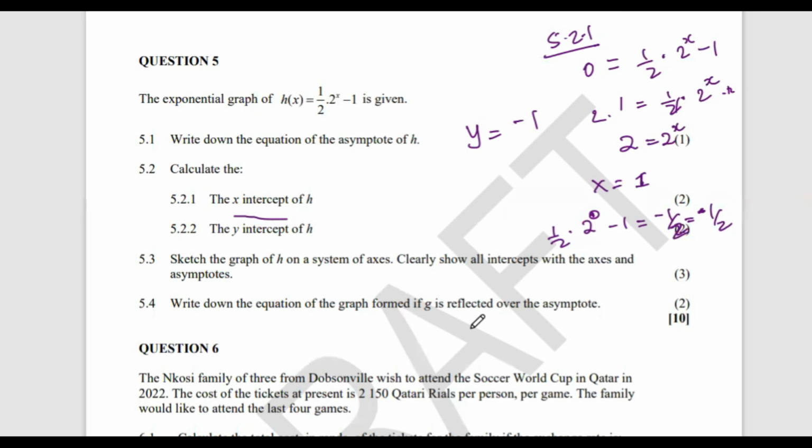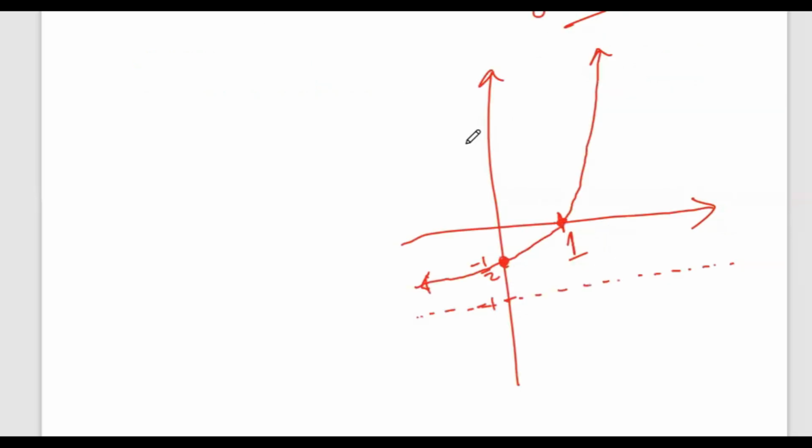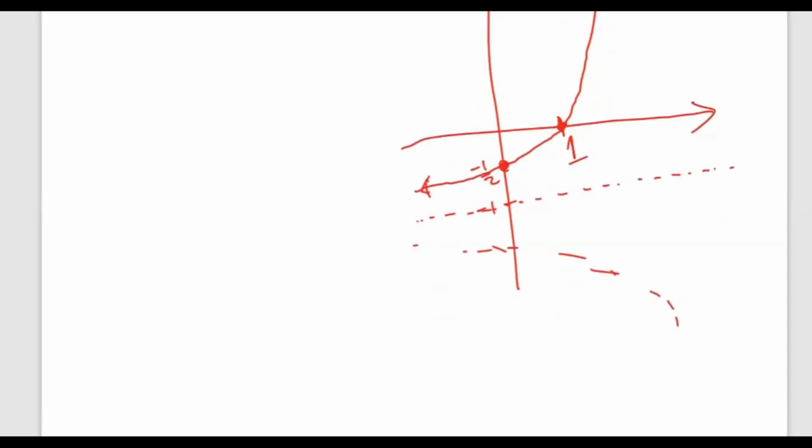Then after sketching, they want us to write the equation of the graph if g is reflected over the asymptote. So reflection is like it's bouncing off to the side. And then we have this. So it's more like a reflection about the x-axis in this sort of form.